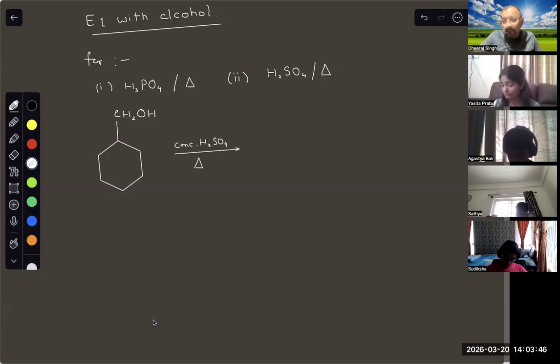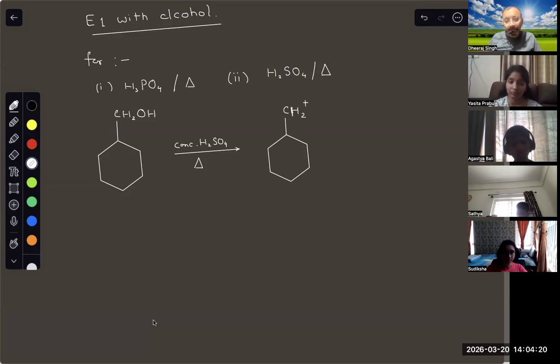Anybody got it? Done? This carbocation will get formed.